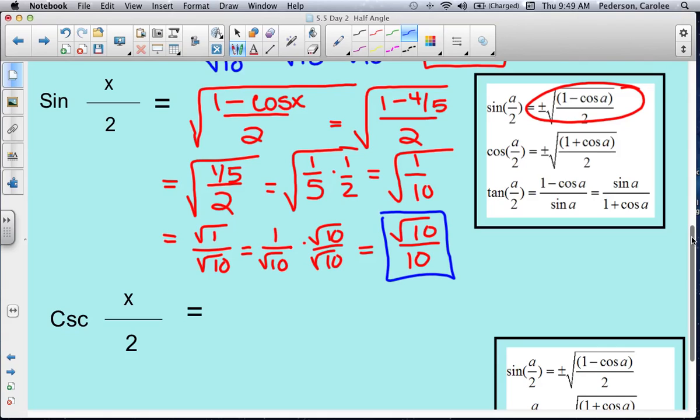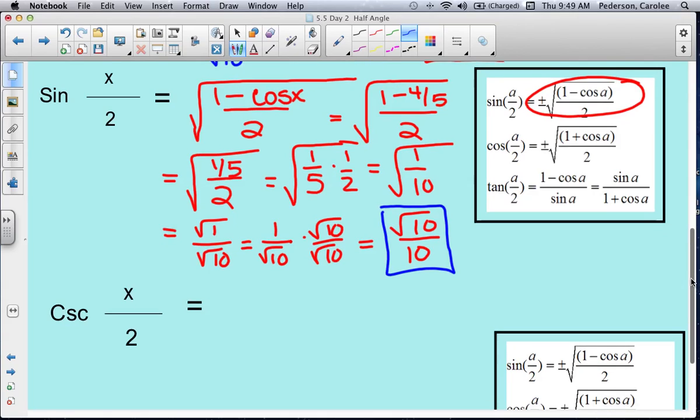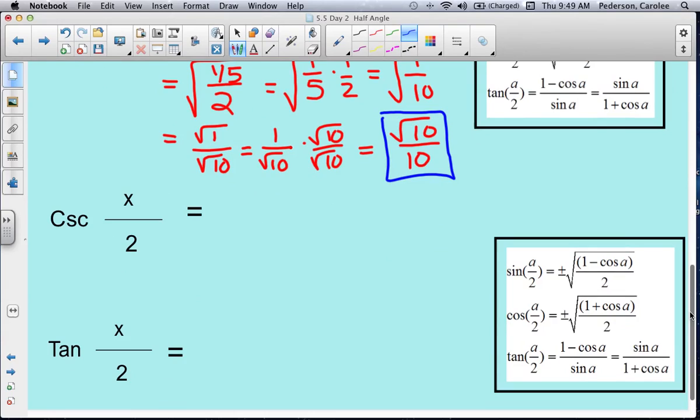Yep. So what do we have to do with that blue box? Just reciprocate it. So it's 1 over the sine of x over 2. One over that blue box. 1 over a fraction is just the reciprocal.